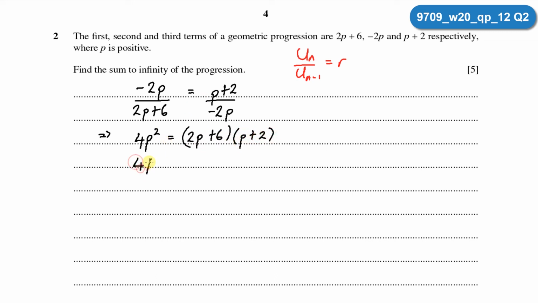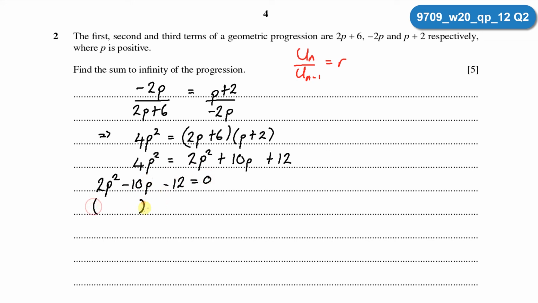So we can expand the bracket. That's going to be 2p squared plus 10p plus 12. Now, taking everything to one side, we'll have 2p squared minus 10p minus 12 is equal to 0.